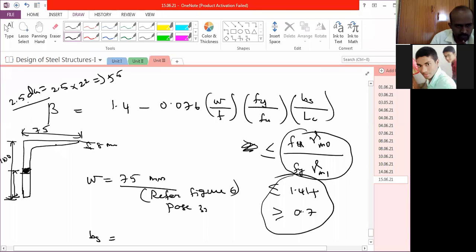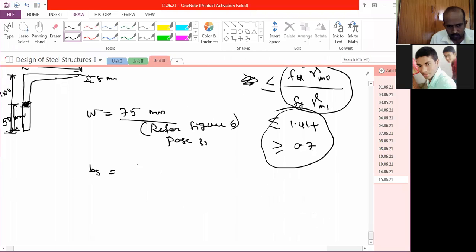It is the pitch distance, right? So you take 1.5 times of 22. How much? 33. So here you can assume 33, but now I am going to assume 50 mm. So edge distance and end distance you can assume appropriately, with minimum values only 1.5 DH and 2.5 DH.